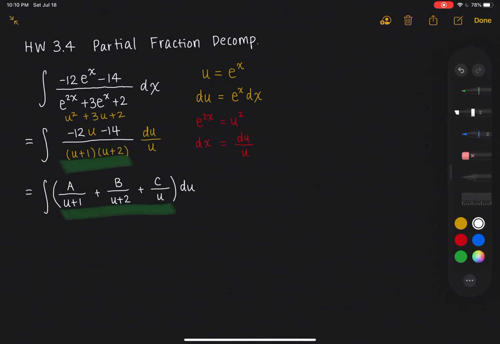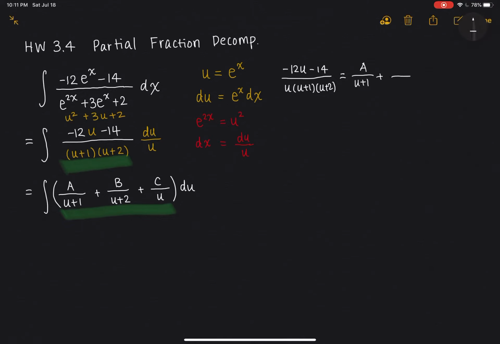So what we need to solve is negative 12u minus 14 over u times u plus 1 times u plus 2 must equal a over u plus 1 plus b over u plus 2 plus c over u.